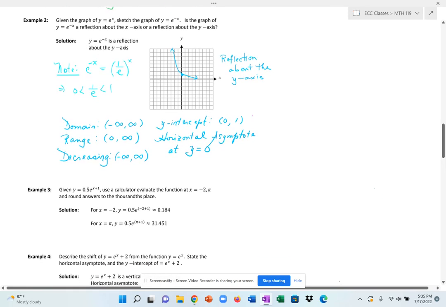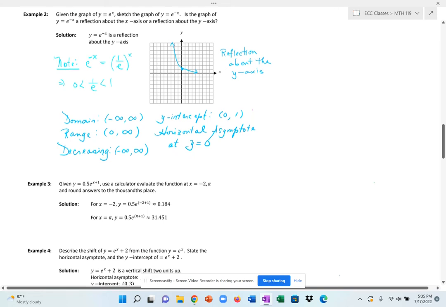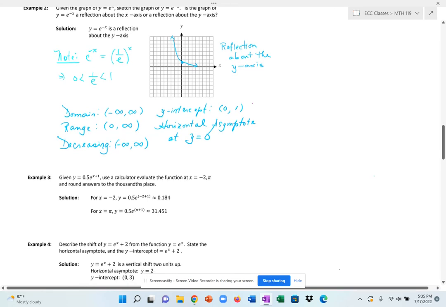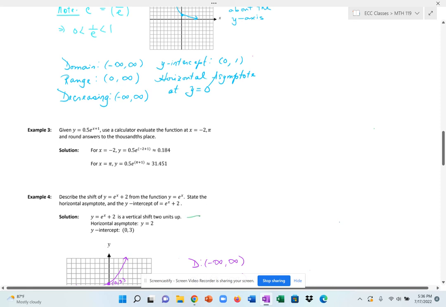Okay, this next one is also going back to a topic we talked about in chapter 2, which is a shift. Describe the shift of e to the x plus 2 from the parent function e to the x. State the horizontal asymptote and the y-intercept. So when you're adding 2 to the function, that's going to be a vertical shift up by 2 units. And if that shifts up by 2 units, that means your horizontal asymptote, which is usually y equal to 0.